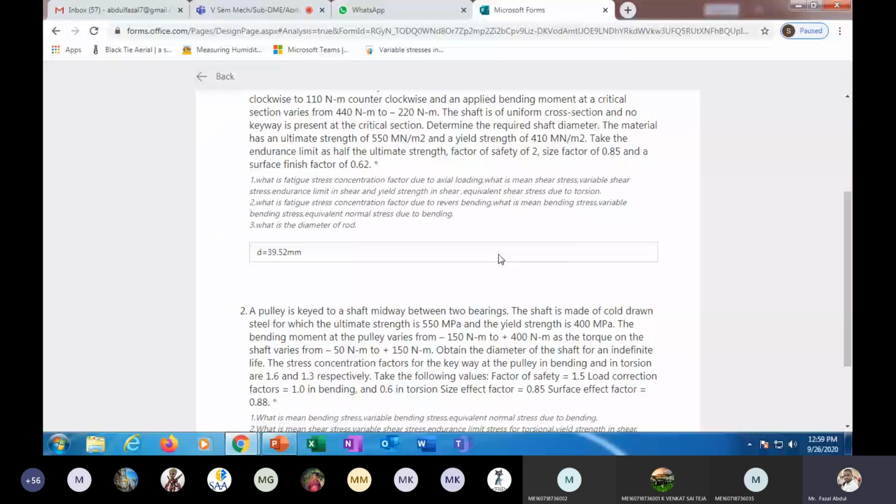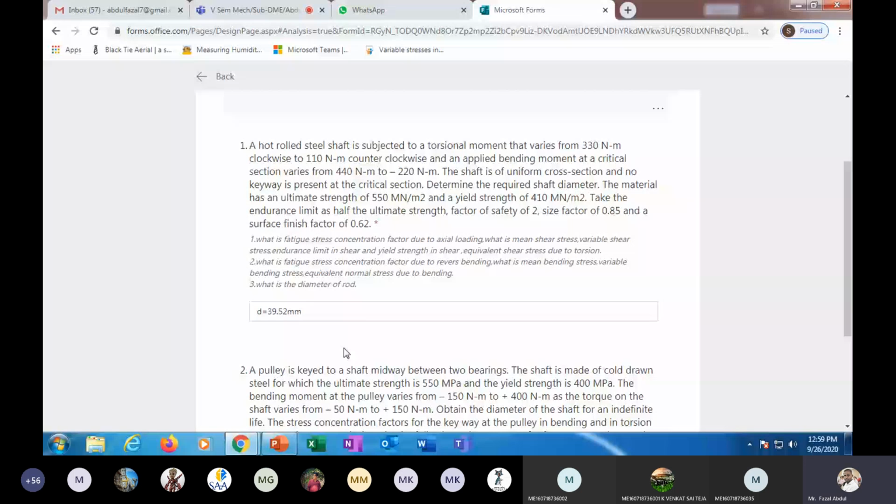Don't give the final answer here. Subtitles are given: what is the static stress concentration factor due to axial load? What is mean stress? What is variable shear stress? What is endurance limit in shear? What is yield strength in shear? For all 3 questions subtitles are given. Don't put D directly as 39.25. Make it fast. One person has given the answer.